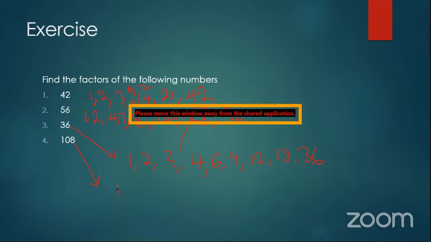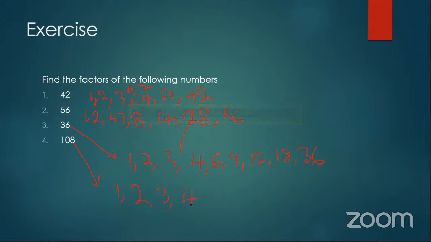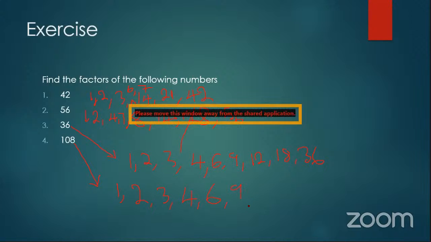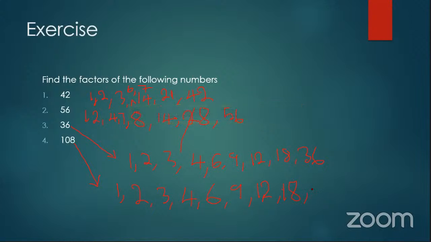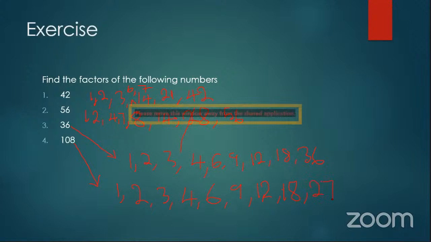1, 2, 3, 4, 6, 9, 12, 18, 27. 24 is wrong.